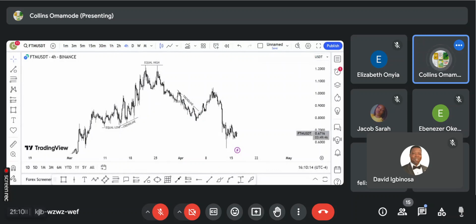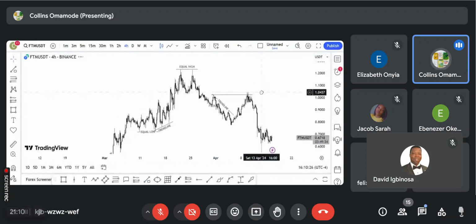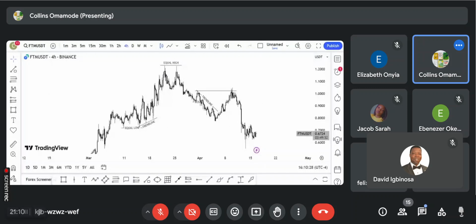Price took all of them out, and that was when it started dropping. When it was dropping, you already knew that all these places would not hold because of all this liquidity that existed here, right?